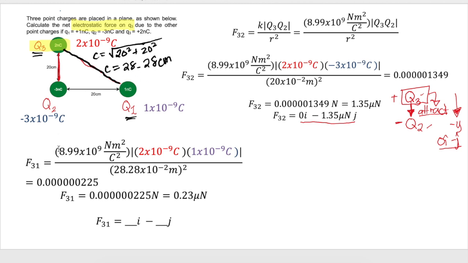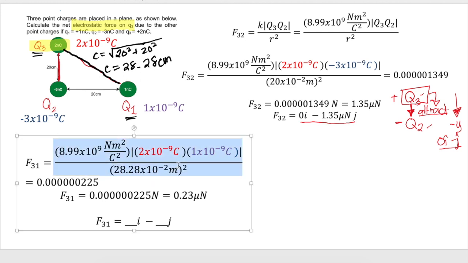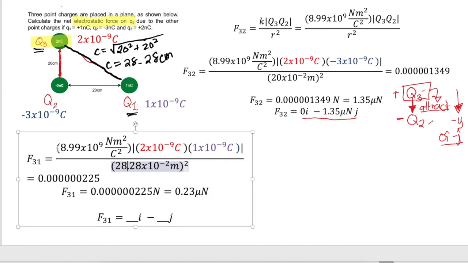For the force experienced by Q3 due to Q1, the distance between them is this, using the Pythagorean theorem. Now, if you solve it, we will have this one, which is 0.00, I think that's 6 zeros, 225. Now, if you write it in its simplest form, the answer will be this one, and we can also write it in this form.